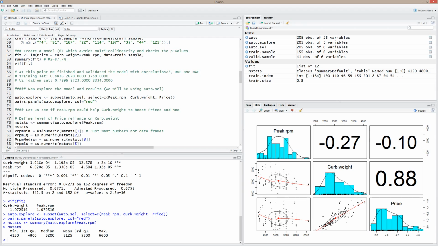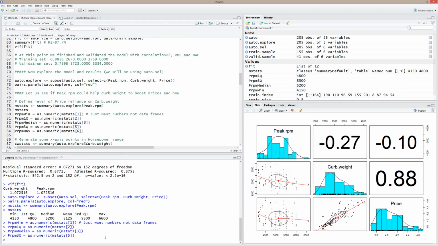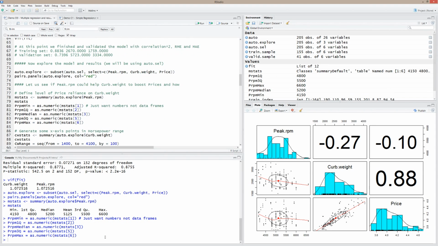So I'm going to select 5 specific values from the range of possible values for peak RPM, from the minimum to the maximum. So take the minimum, first, second, third quartile, and the maximum. 5 values. I'm going to isolate them, take them out of the summary table, and store them as numeric values in 5 different variables.